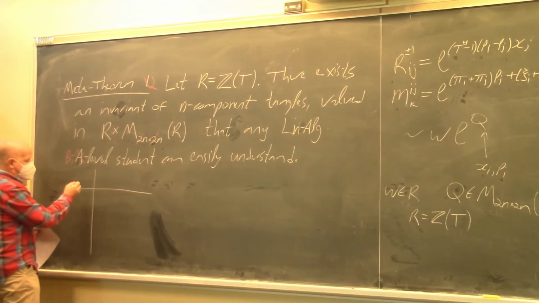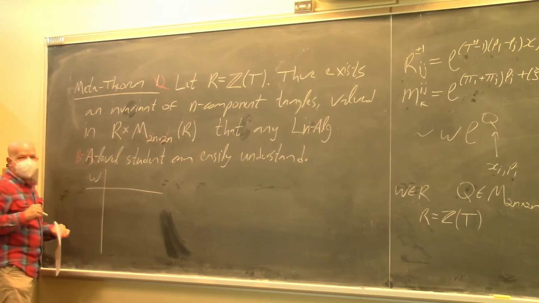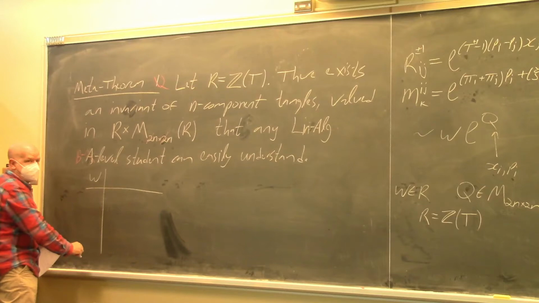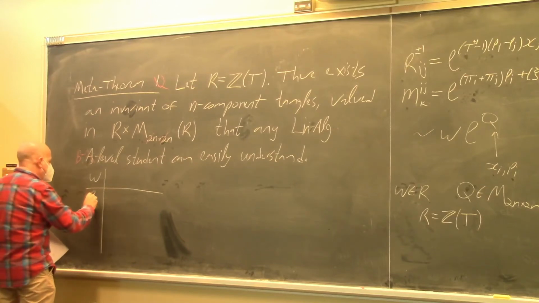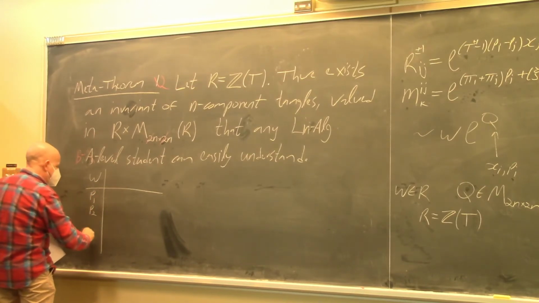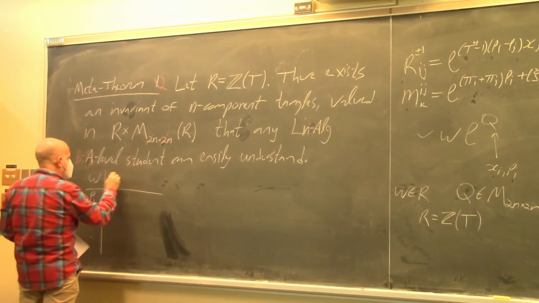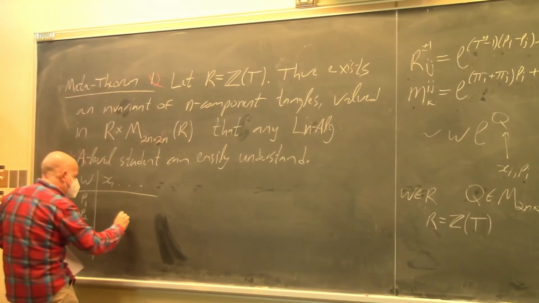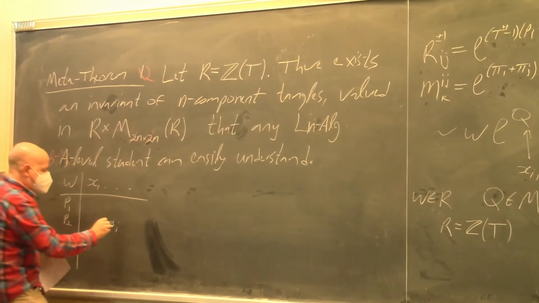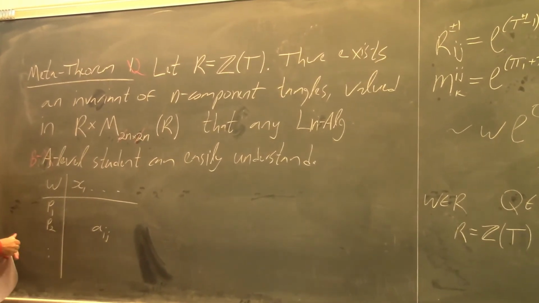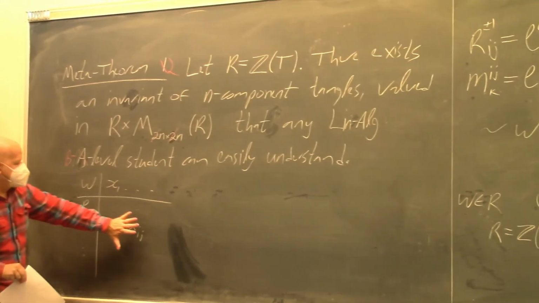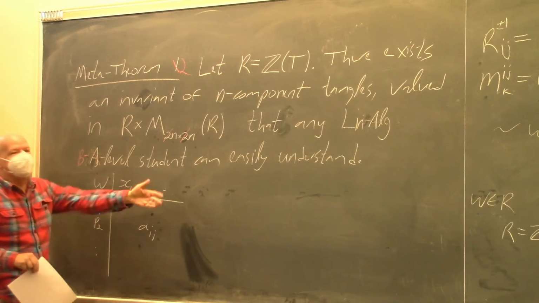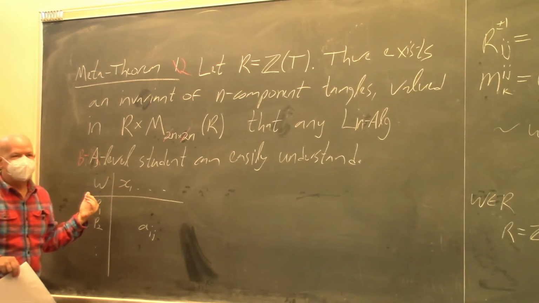We write the scalar up here, and then along the rows of a matrix, we enumerate the p variables, p1, p2, and so on. Along the columns, we enumerate the x variables. And then as the entries we put here as a matrix, a_ij. So basically, the invariant is a matrix and a scalar, and then just the labels fit nicely in the picture.